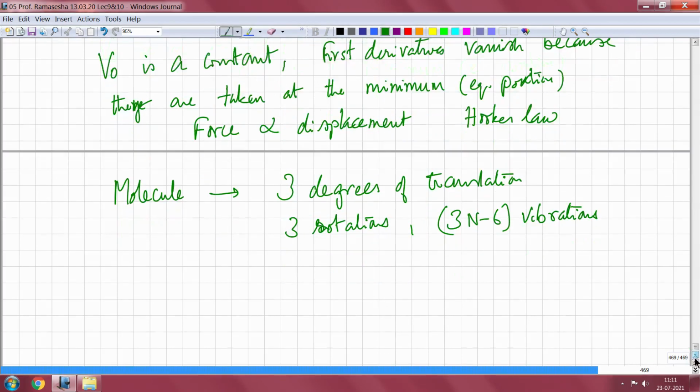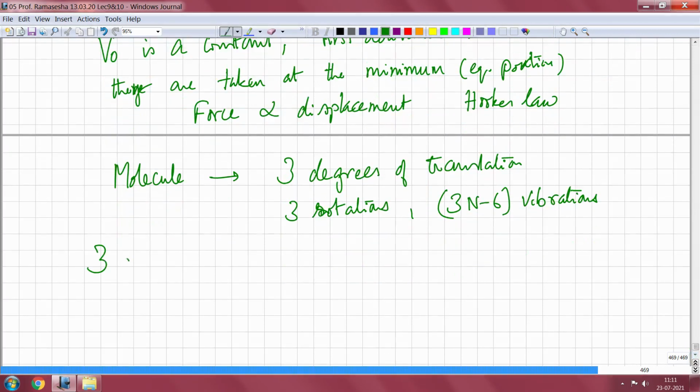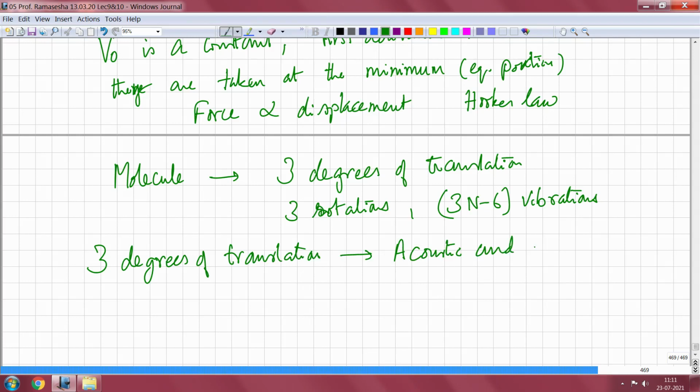So far what we spoke about was the 3 degrees of translation. 3 degrees of translation give rise to acoustic and optic branches. So these are the translational modes, because it is the frozen degrees of freedom of translation that gives rise to these vibrations.